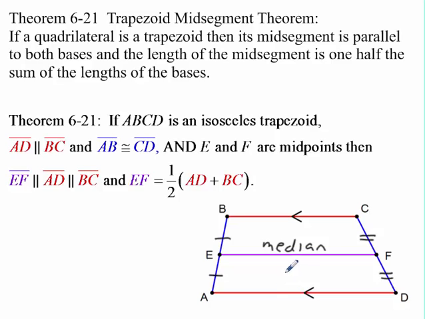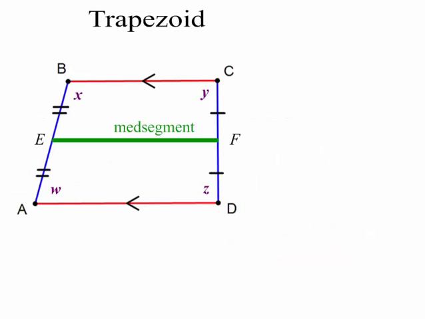So it seems like those two words are being used interchangeably for this lesson. But anyway, the property is that if you take this base length and this base length over here, add them together and divide by 2, taking the average of them, then you're going to create the length of this median here.